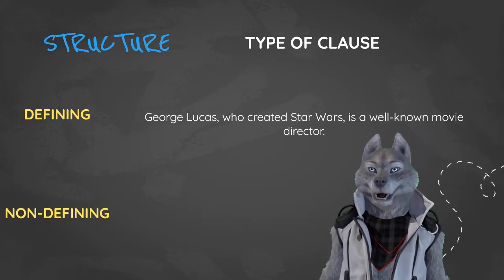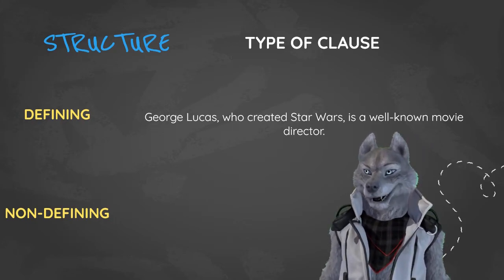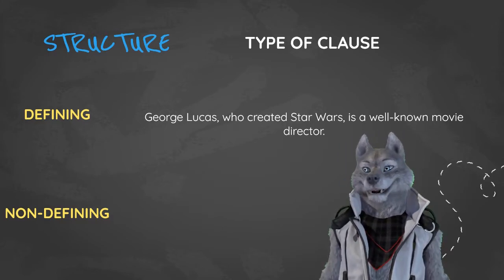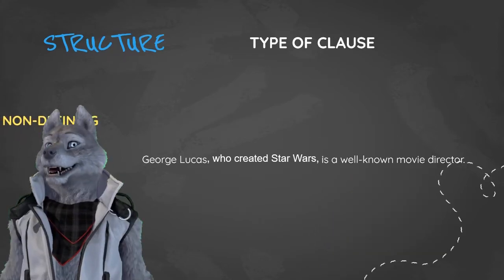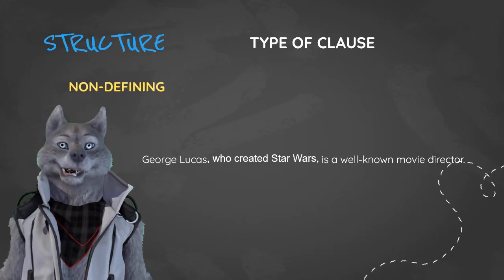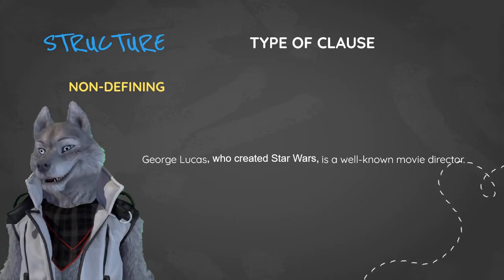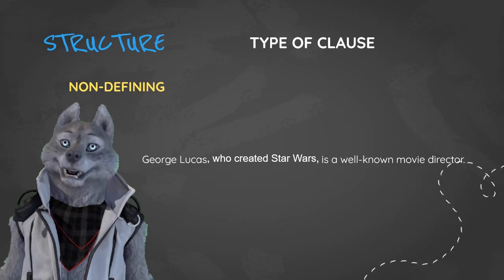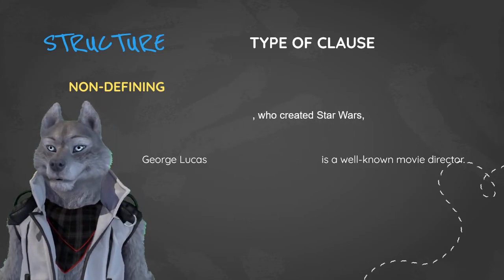So let's check the sentence again. Well, we started with this one. George Lucas, who created Star Wars, is a well-known movie director. What do you think? Defining or non-defining? And the answer is, if you said non-defining, you are correct. So let's dissect this a little. George Lucas, who created Star Wars. Who created Star Wars? That's the relative clause. I can take this, remove it, and nothing's gonna happen.